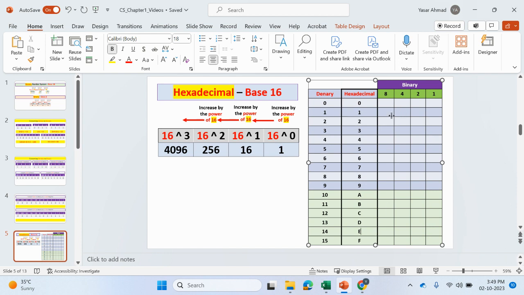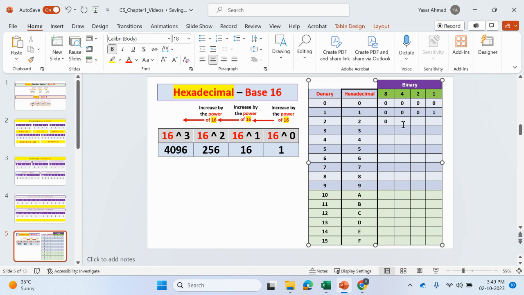Now, the next thing that we'll do is write the binary down for each hexadecimal. For each hexadecimal, we always have 4 binary bits. So 0 is going to be 0, 0, 0, 0. 1 is going to be 0, 0, 0, 1.